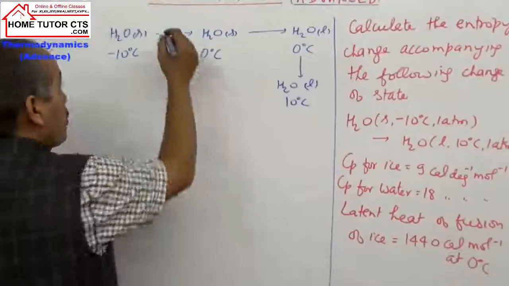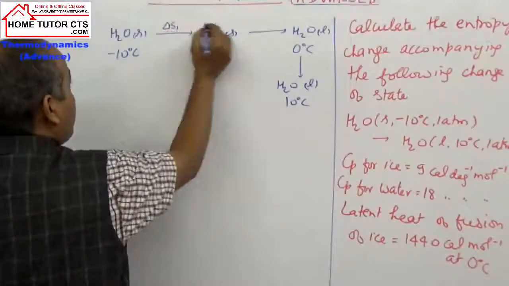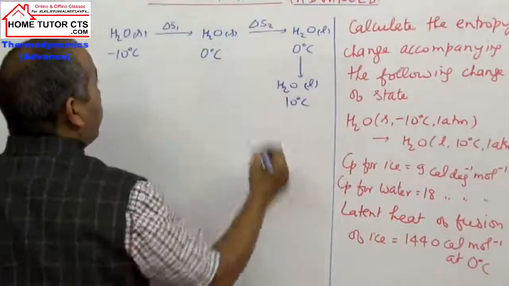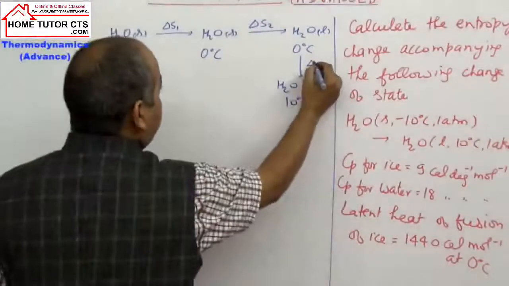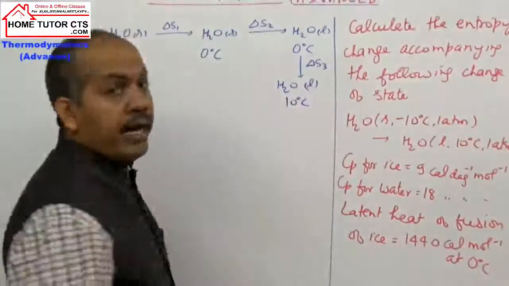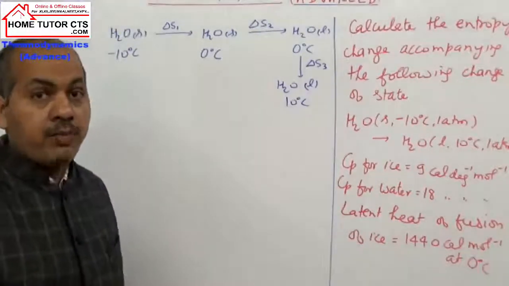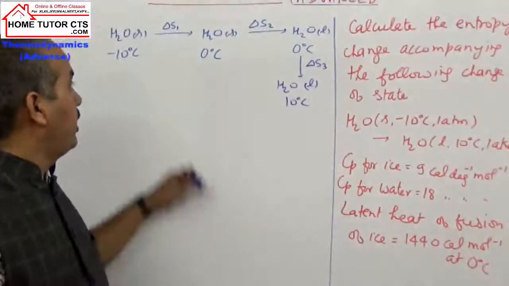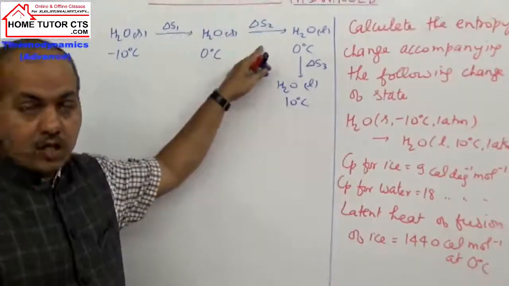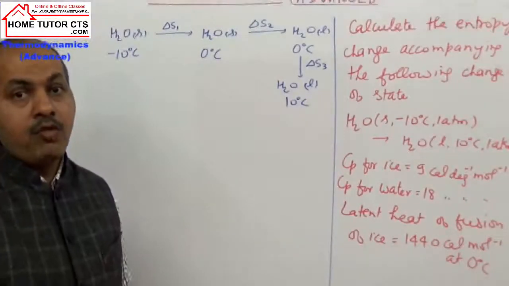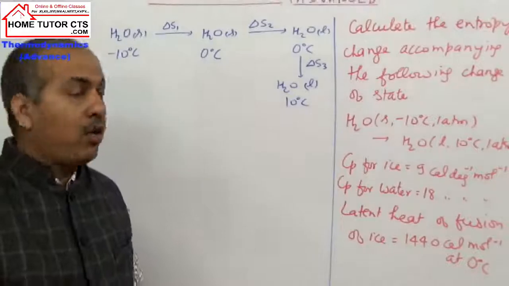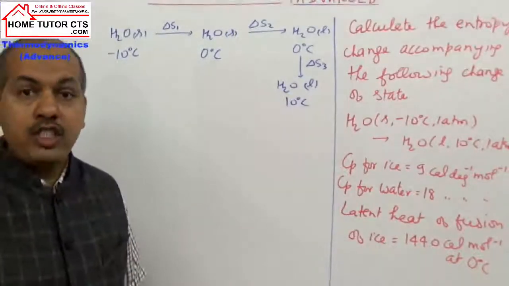So in solving this question, we can take step 1 delta S1, step 2 delta S2 is entropy change, and step 3 delta S3 will be entropy change. So for calculation of the overall entropy of the reaction, we require delta S1 plus delta S2 plus delta S3. We need to add all the three steps' entropy changes.